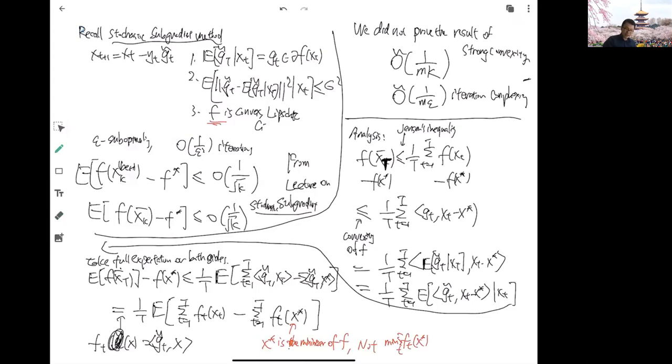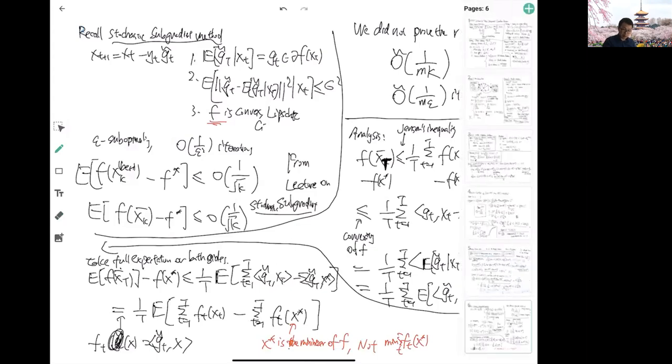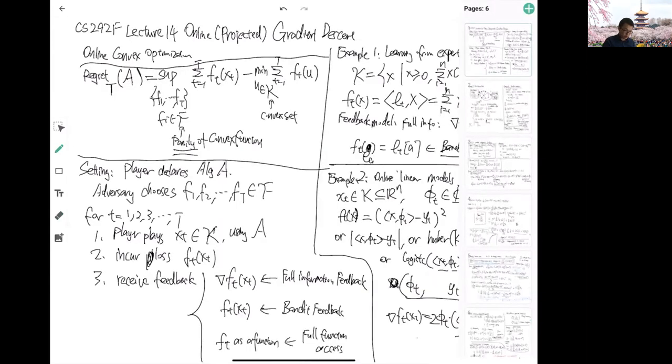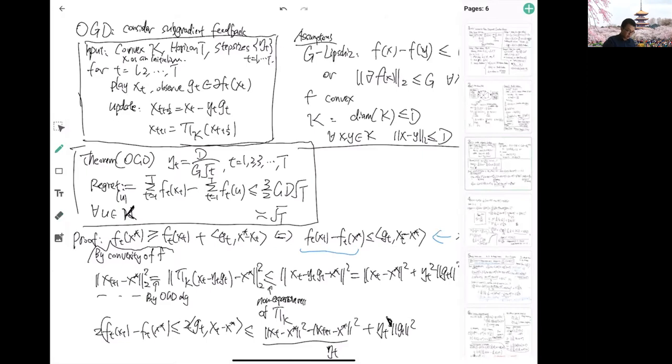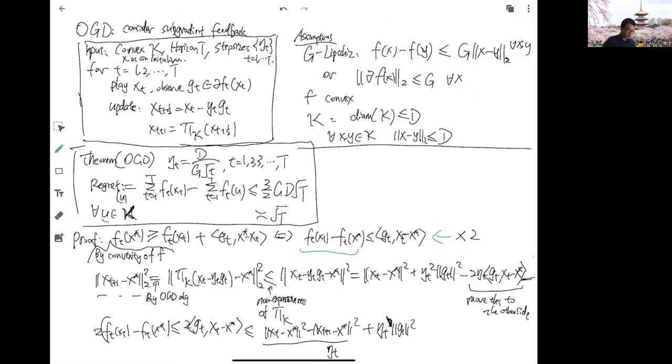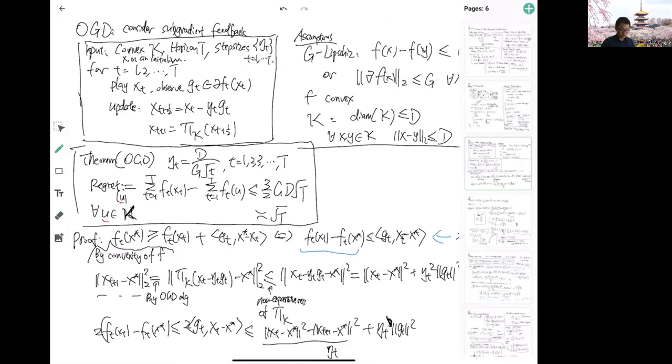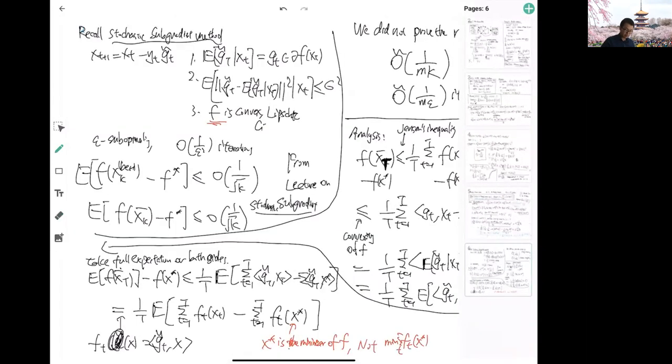But regardless, if we look at the theorem of the regret bound and the definition of the regret, we are comparing to any u in the set. So we can always choose this u to be simply x star, the minimizer of the original function that the subgradient method is minimizing.